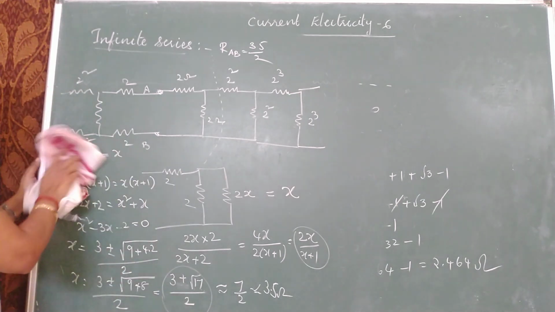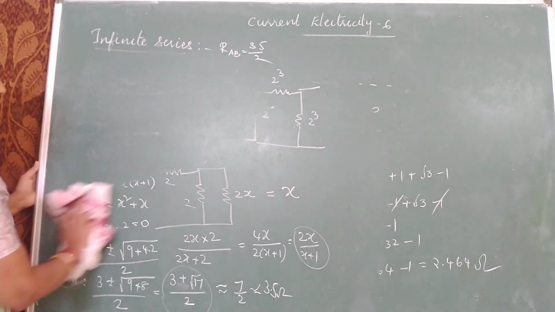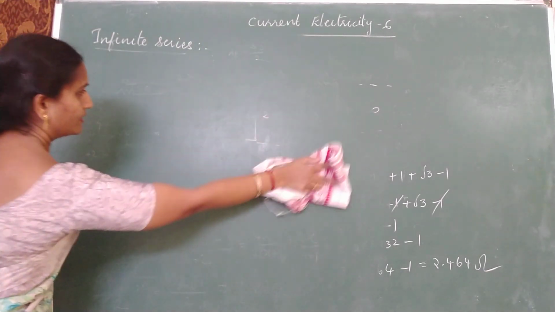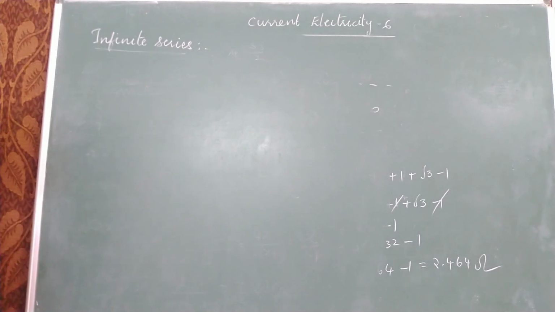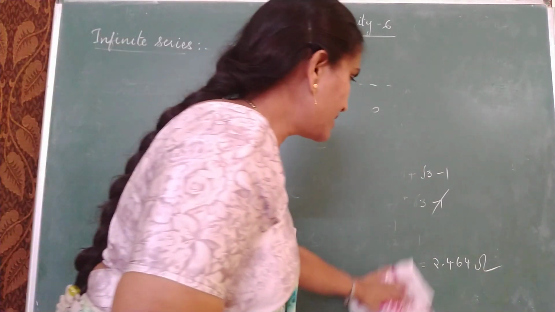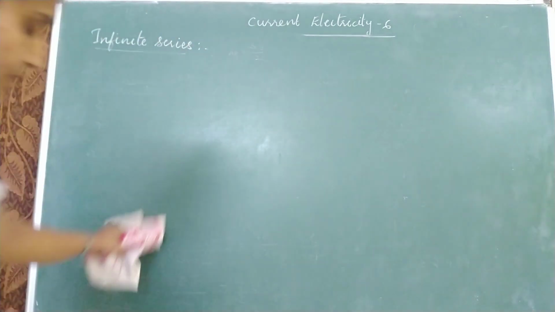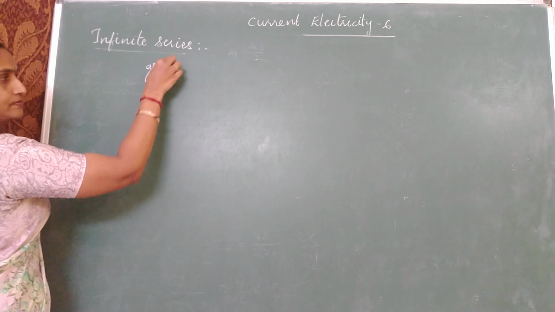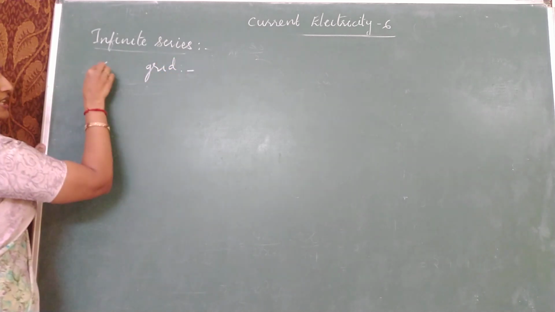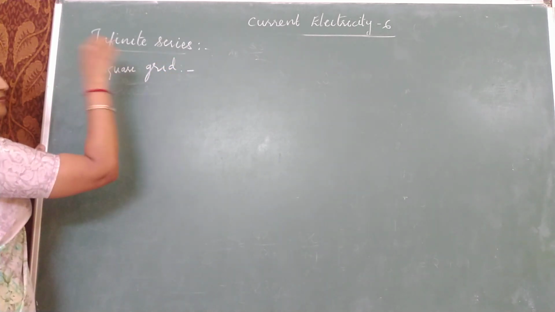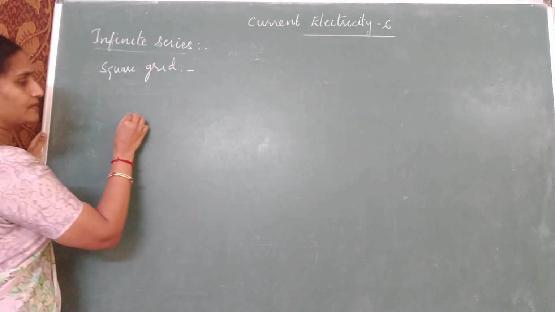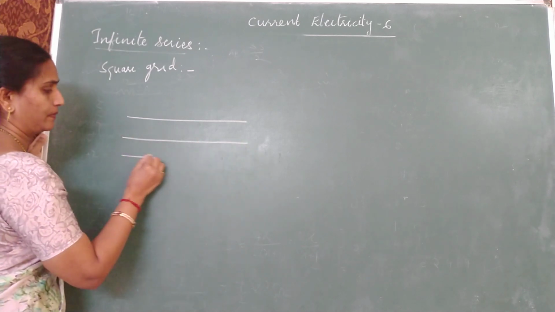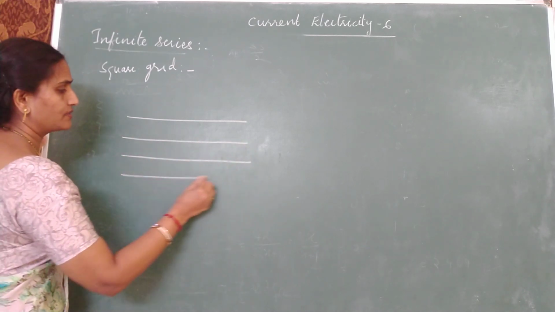Now let us look into one more question. Infinite grid networks. A grid is, all sides are tending to infinity. A two-dimensional grid. First I will take a square grid. The meaning of square grid is, this is how the resistors are connected.